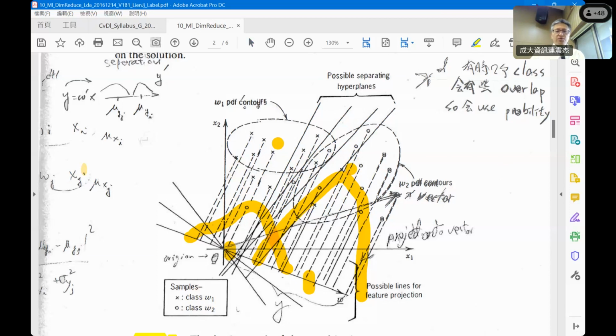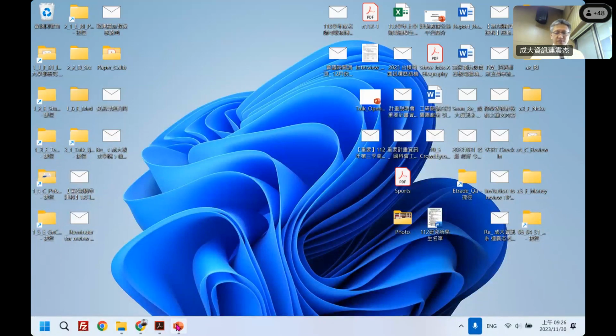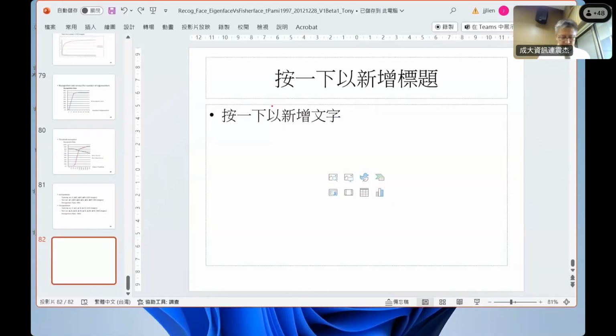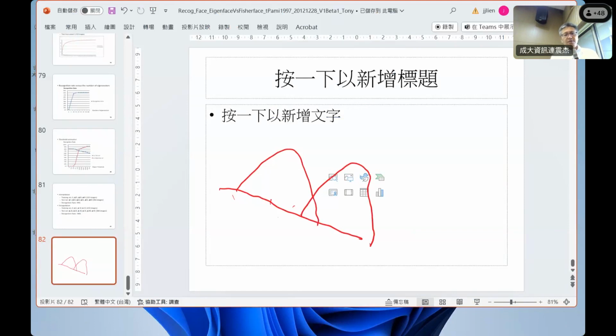I use this to draw, it's pretty easy. So if this is a projection line here, one distribution is this way, the second distribution is here, and this is mean 1 and mean 2.